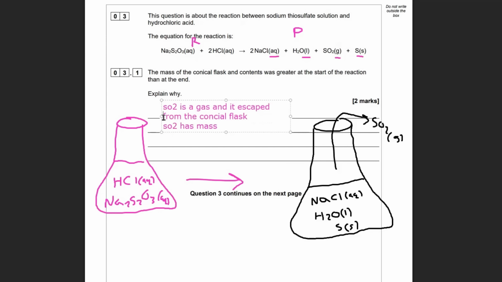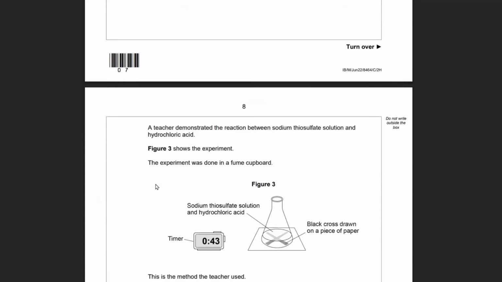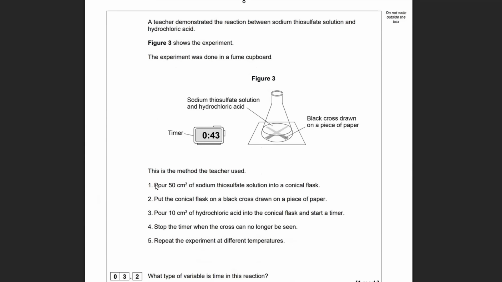I know it sounds stupid, but you might think a gas doesn't weigh anything. But of course, it's made of atoms. It has mass. It's escaped, so it can't be as heavy as the reactants were at the start. So we've lost the sulfur dioxide gas. I think you really get the marks for saying you're losing sulfur dioxide because it's a gas, and that would be both marks.